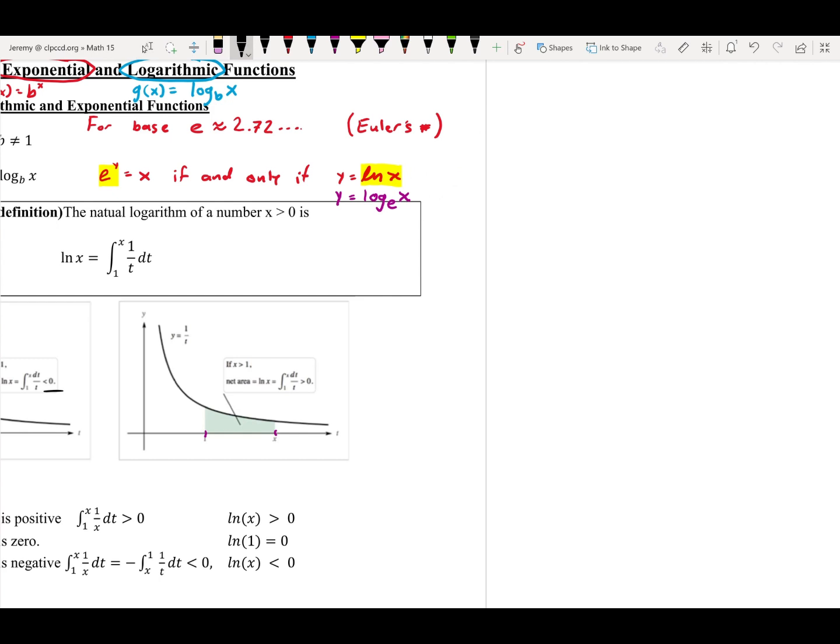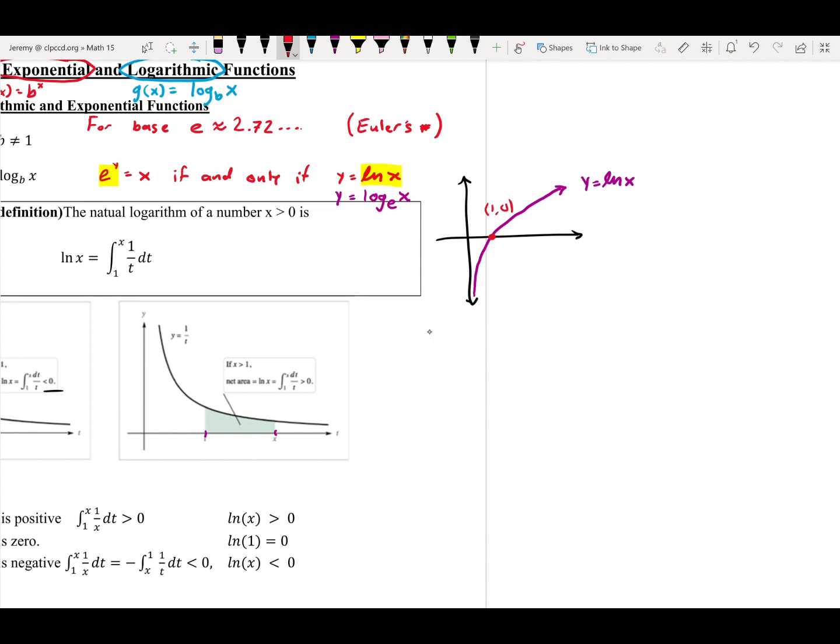You might remember the graph of the natural logarithm looks kind of like this, and this is going to be a very rough sketch, but it has this type of shape like this. Right, so this is y equals natural log of x. Just a couple of important features to note here. We have an x-intercept at (1, 0).